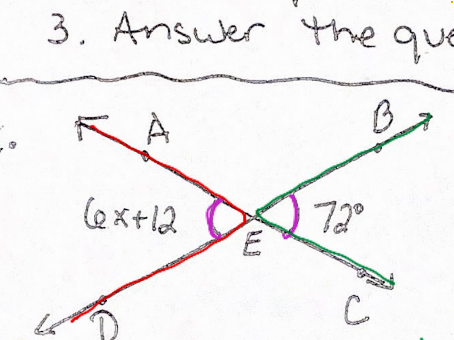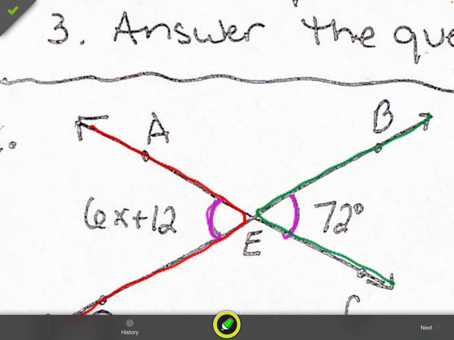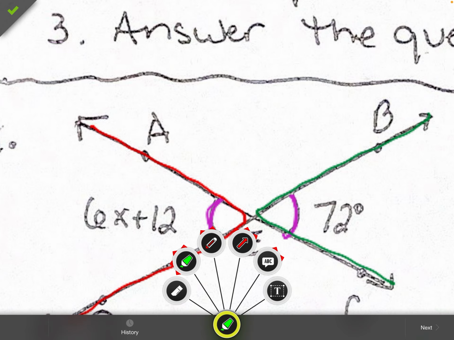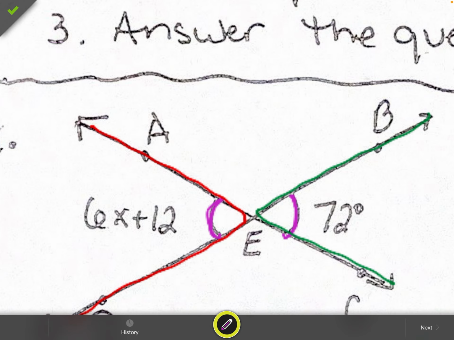If we look at number 1, I have two angles. One's red, one's green. I just marked them so you could see them better. They are across from each other. Which angles are across from each other? Vertical angles. And what do we know about vertical angles? Vertical angles are congruent.